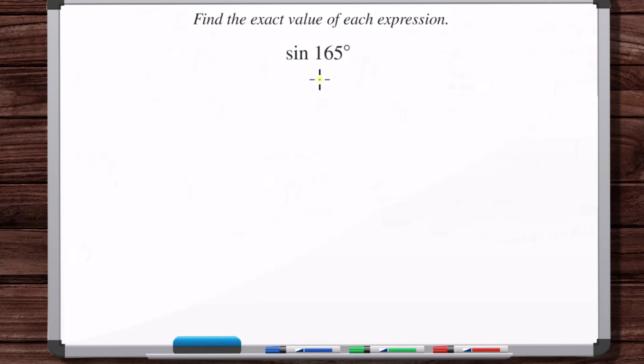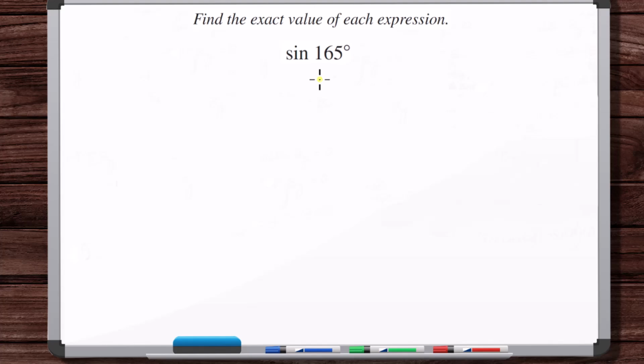The idea is that before we got to the sum and difference identities, we could only find exact trig function values for either the special angles or quadrantal angles, or any angle that has a reference angle that's a special angle. The special angles are 30, 45, and 60, or quadrantal angles.